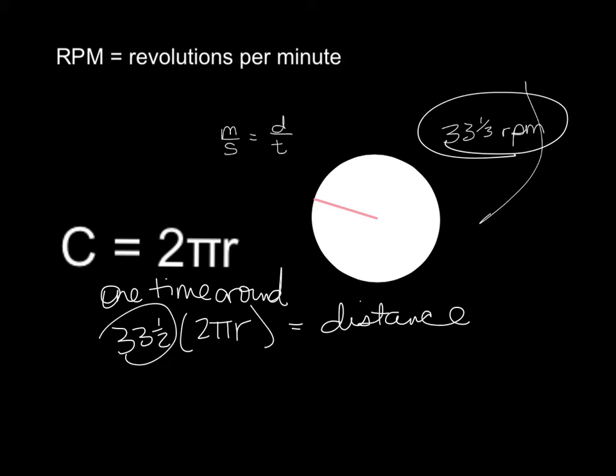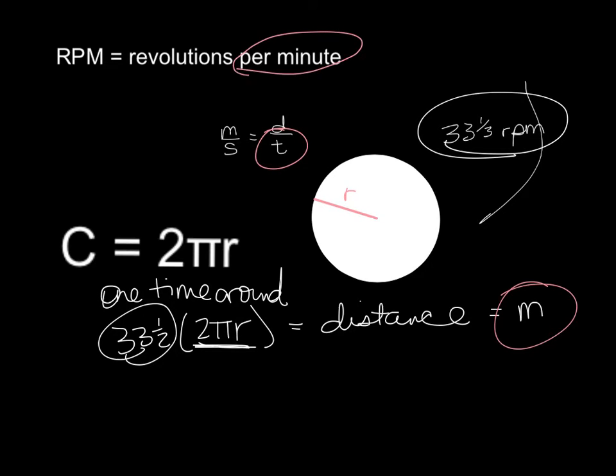So it's how many RPMs times, that's one time around. That would be how far you went. And yes, you want to make sure that you convert your radius, whatever you're given. So convert this radius into meters. Make sure it's in meters. And then you want your time to be in seconds. Well, this is revolutions per minute. How many seconds are in a minute? 60 seconds.